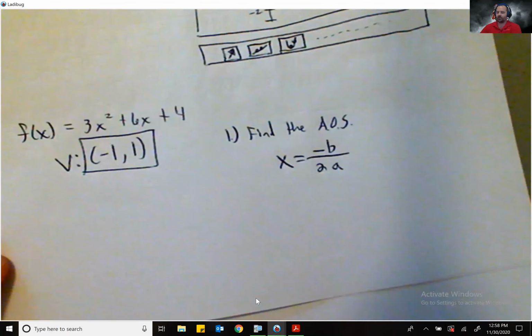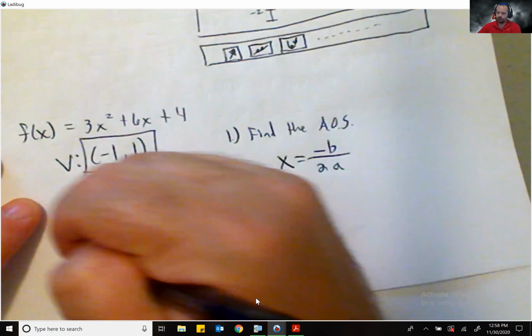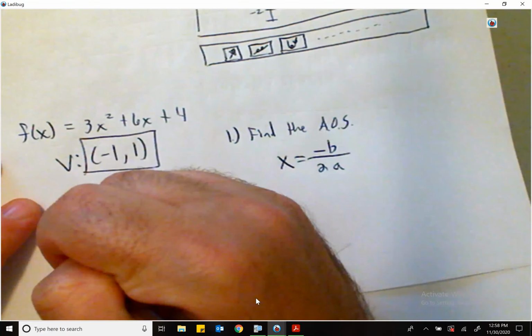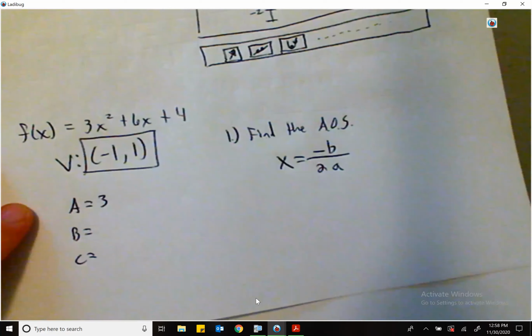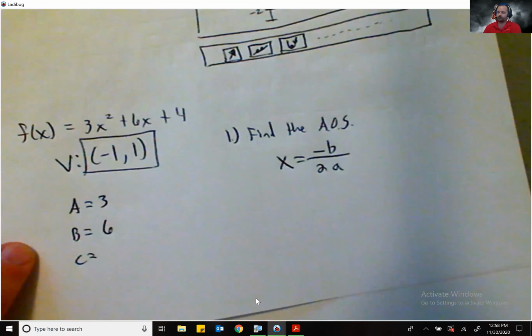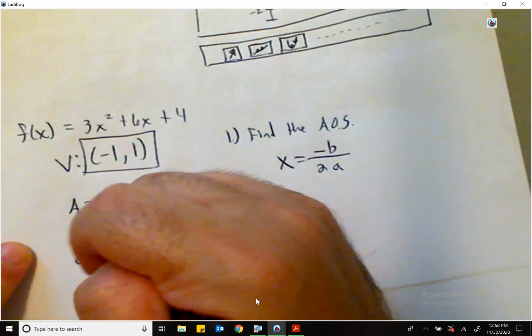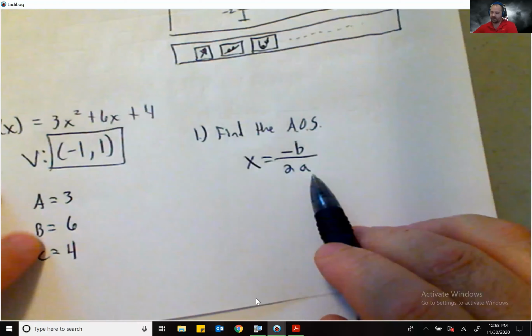So if we look at our equation up here, what is the A value? 3. What is the B value? 6. What is the C value? 4. So all we got to do is just plug in really the A and the B. We really didn't need C.